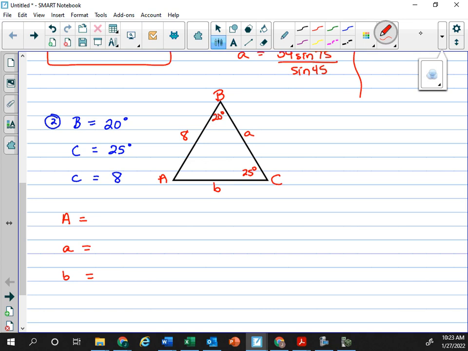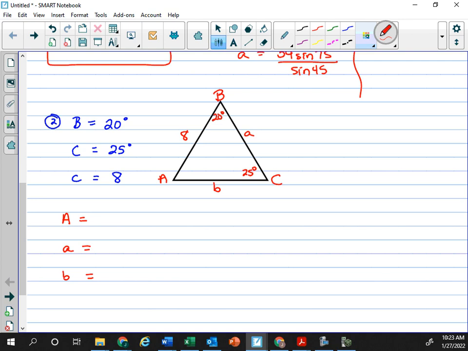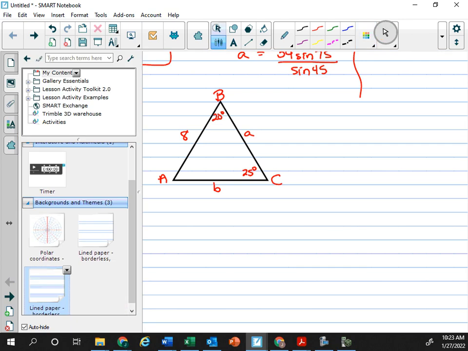How do you get the line curve on the background? That is in backgrounds over here. You just search at the top for lined paper, and then I save it to my content. So it's easy. Just drag it over and it's there. It's handy when we get polars too. I can just throw a polar graph in there.